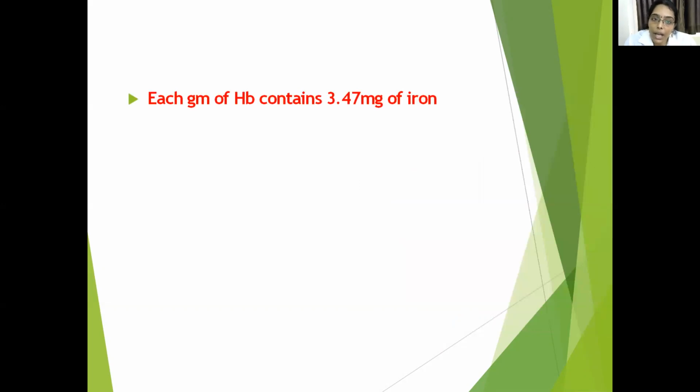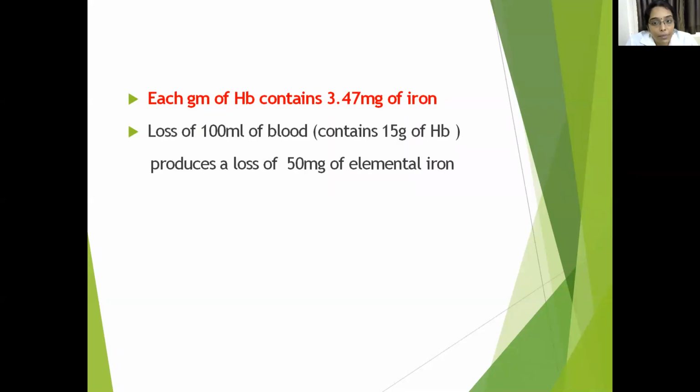When you know the amount of iron present in a gram of hemoglobin, it will be easy for you to calculate the amount of iron lost when a certain amount of blood is lost from the body. Say there is a loss of 100 ml of blood, then that produces a loss of 50 mg of elemental iron, because 100 ml of blood contains 15 gram of hemoglobin.